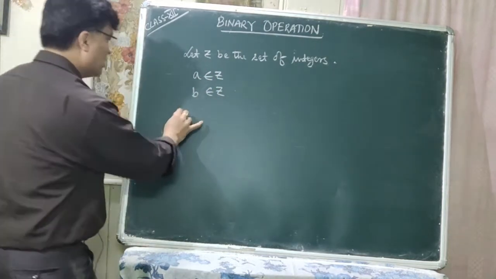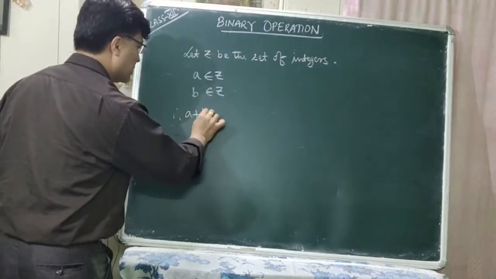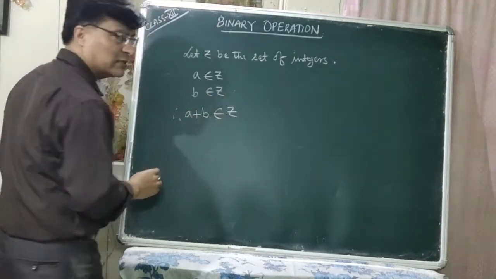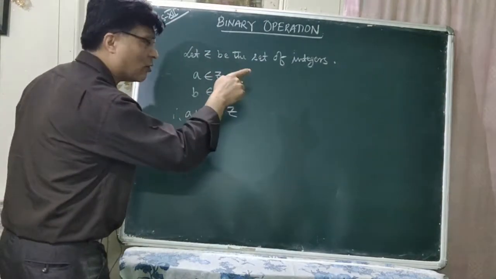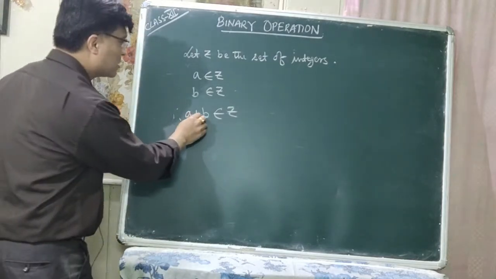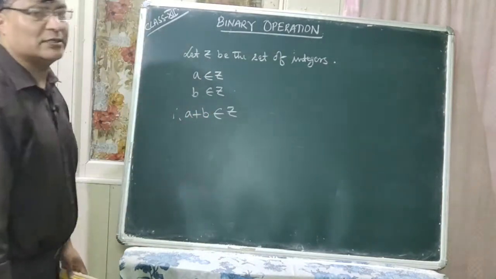What can we say about A plus B? A plus B also belongs to the set of integers. So in this case the star operation is taken as plus sign, addition.